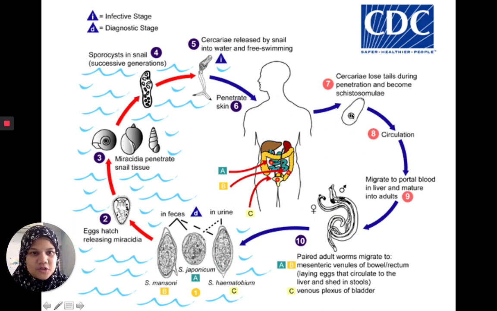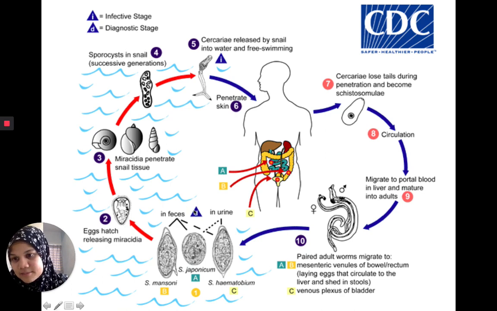Then it starts going through its life cycle, becomes schistosomulae, migrates to the portal blood in the liver, and matures into adults, male and female. Finally, after a long time, it migrates, lays the eggs, and the eggs are excreted in the urine and the feces.